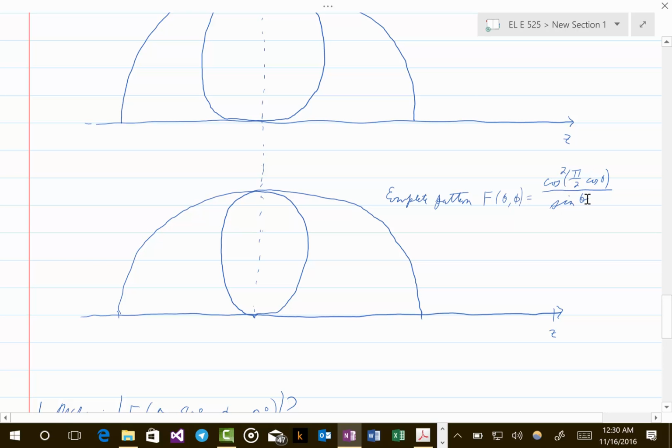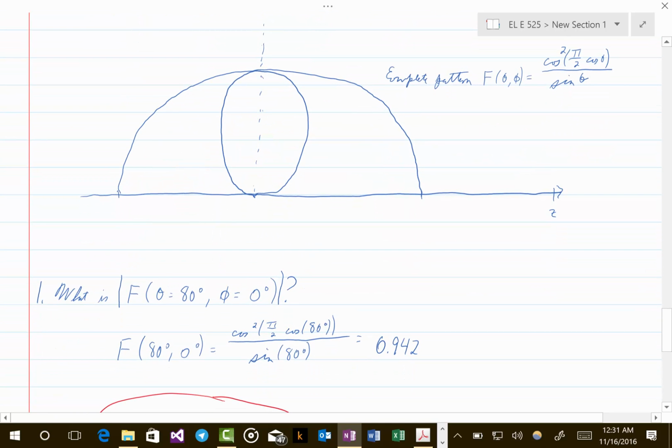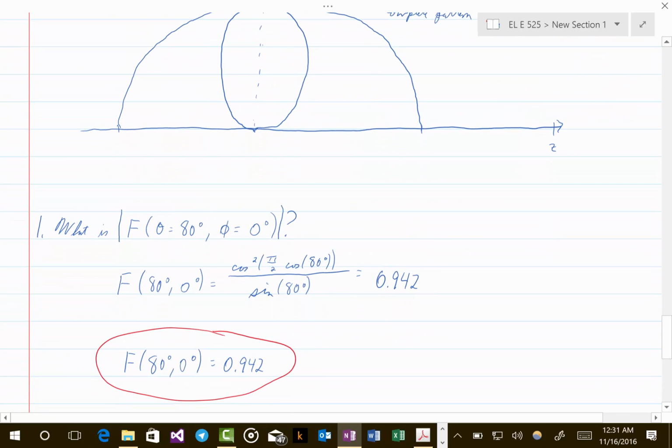Sine of pi over 2 is 1 in the bottom. So sure enough, at theta equals pi over 2, this has a magnitude of 1. And as I said, you could use L'Hopital's rule to verify that at theta equals 0 degrees or 180 degrees, the magnitude is 0.